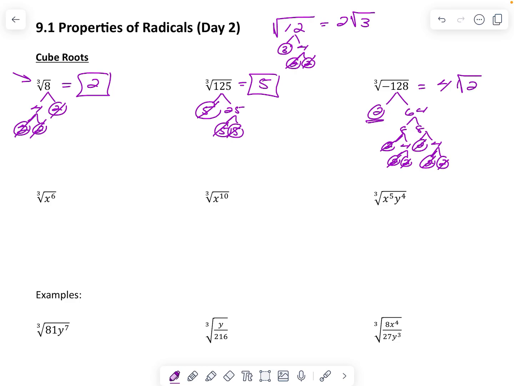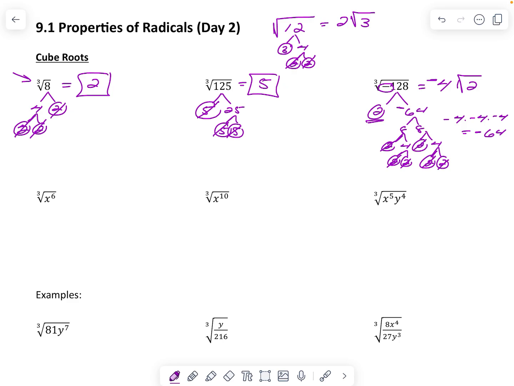But we didn't talk about that negative yet. So now when it's cube roots, and like that 4 came out, what this means is negative 4 times negative 4 times negative 4 is equal to negative 64, which we could have thought of as negative 64 times 2.